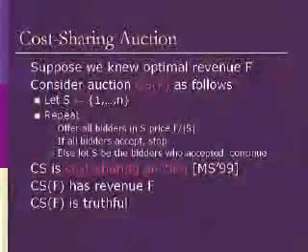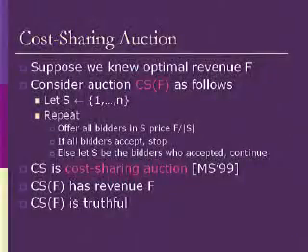Okay, so this is called the cost-sharing auction. It has revenue F. That's clear because you know that this revenue was achievable by a fixed price. So you'll find that fixed price. And furthermore, it's truthful. This you can see because it's bid independent. It can be computed bid independently.